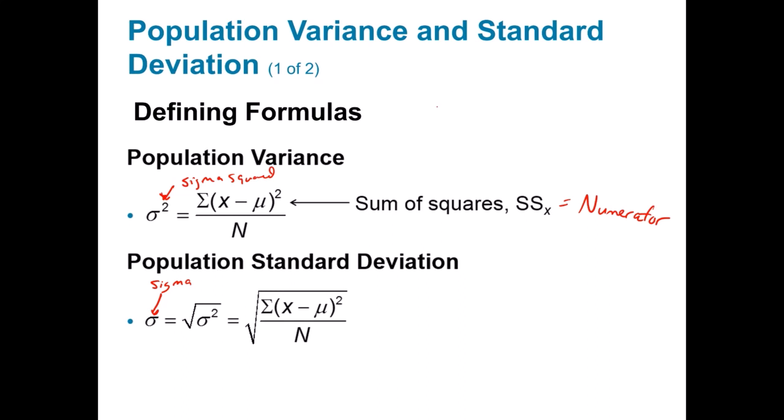That's important because variance is really just the sum of squares divided by n for our population. If you just remember that variance is really just the sum of squares divided by n, that's going to help you out. That's half the battle. So that's where the variance comes into play.